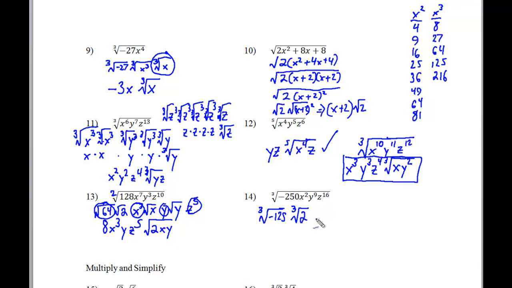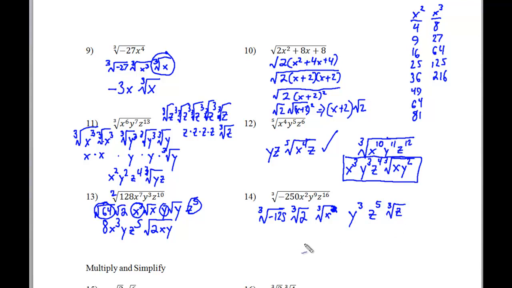Now, unfortunately, that x squared isn't big enough to get out of a cube root, so that x squared is going to remain trapped inside of the cube root. But the y to the 9th is big enough to get out of a cube root, and 9 divided by 3 is 3. So this is y to the third power. Now 16 doesn't evenly divide by 3, but 15 will evenly divide by 3. So there's a 5 there, but there's 1 left over. So I'm left with a z inside the cube root.